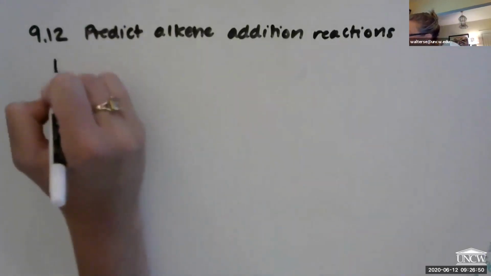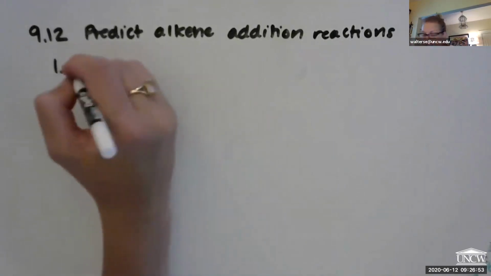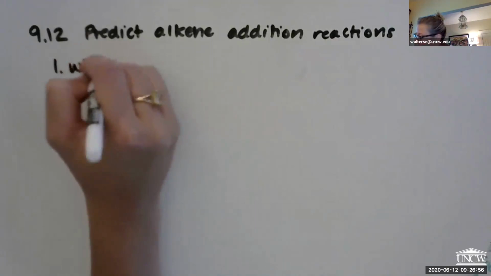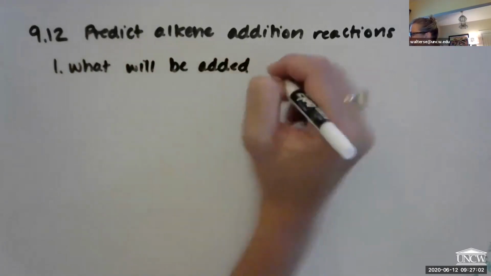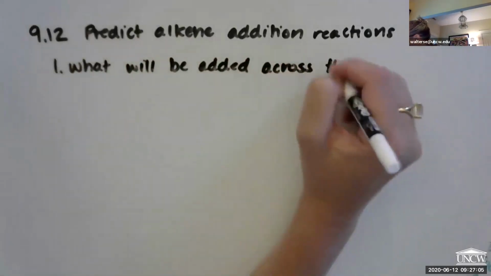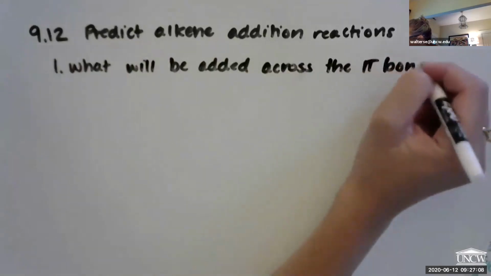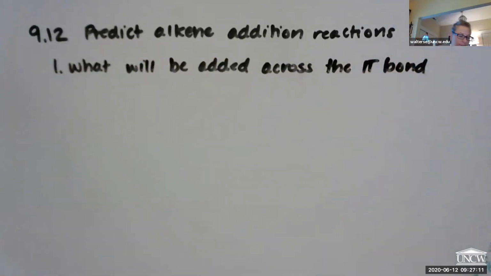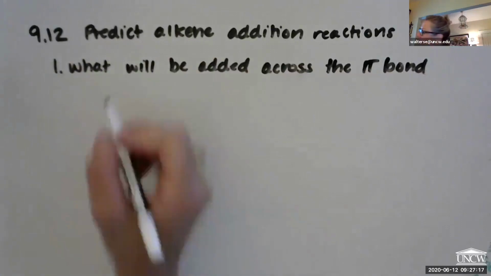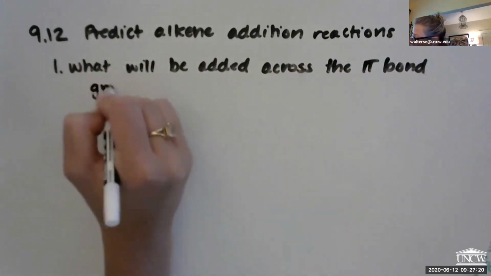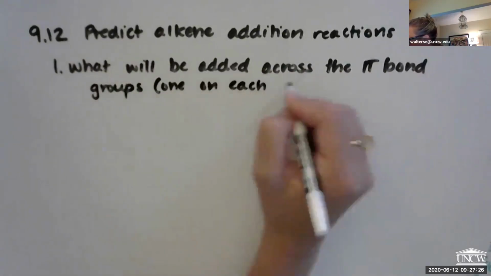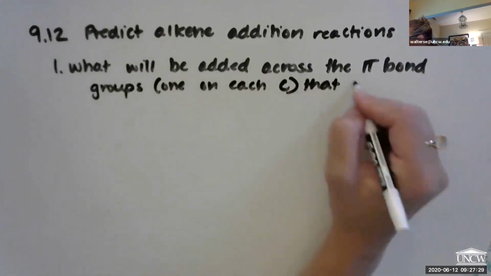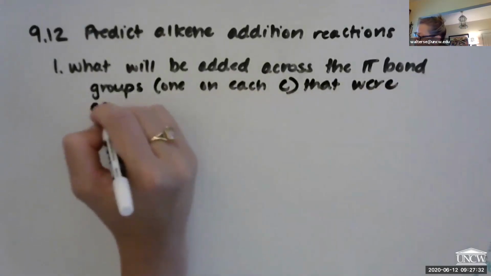So the first thing you're going to do is you're going to ask yourself, what will be added across the pi bond? So what you need to do is, what are the groups, 1 on each carbon, that were added?